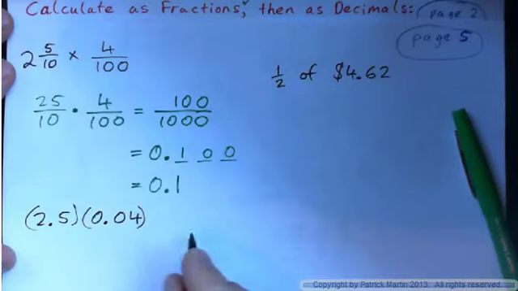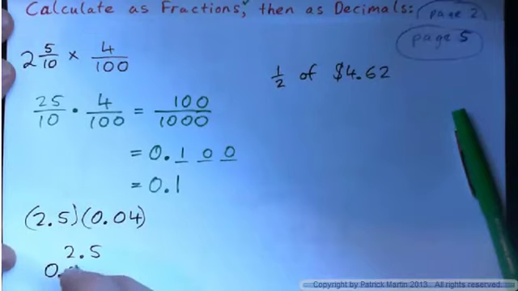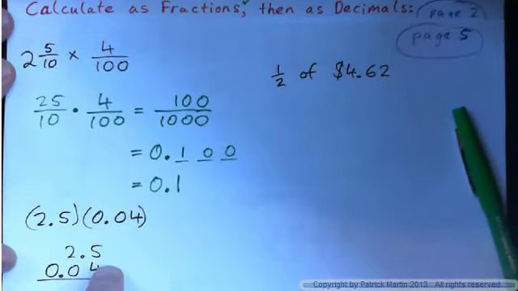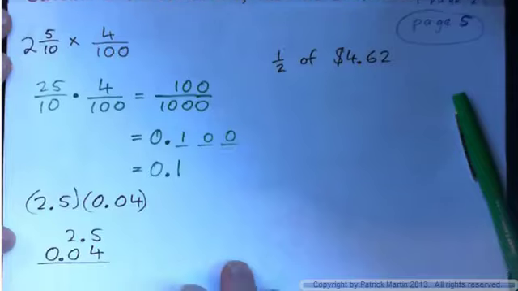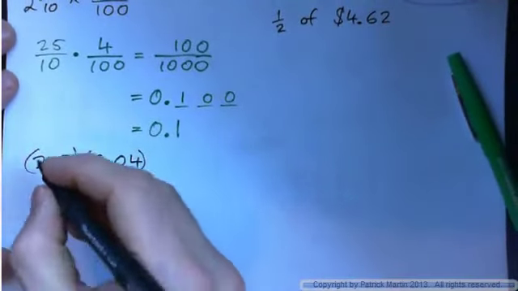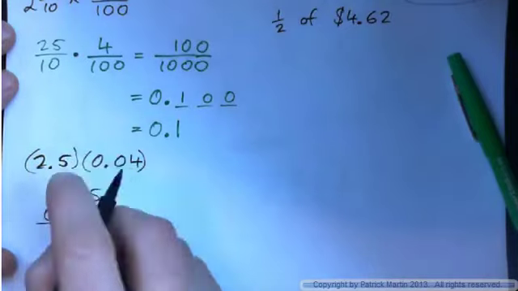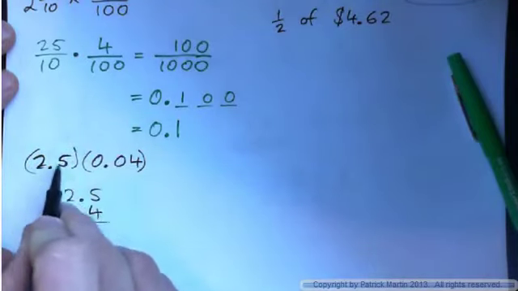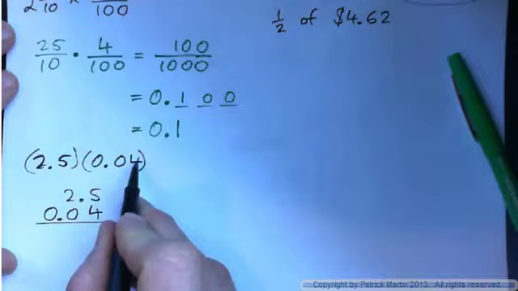Okay, so once again with this one I would like to do the 2.5 on the top and then 0.04, because then I just have one line to do in the answer, not 2 lines. So there's more significant digits, what they're called. This guy has 2 significant digits, 2 digits that are not 0, and this one has 1.